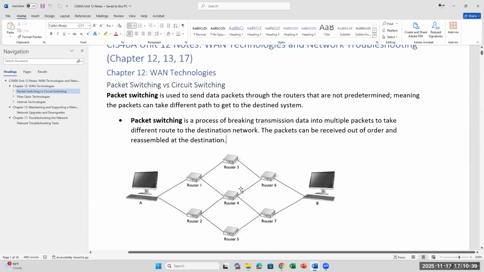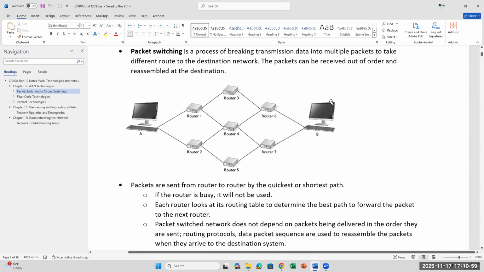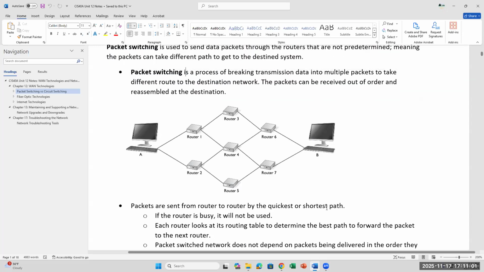Typically you would have routers, multiple routers, dynamically using routes to send data from source to destination. So we need to know what packet switching means. It's just a process where we chunk the data into different packets and route it into and out of the network.